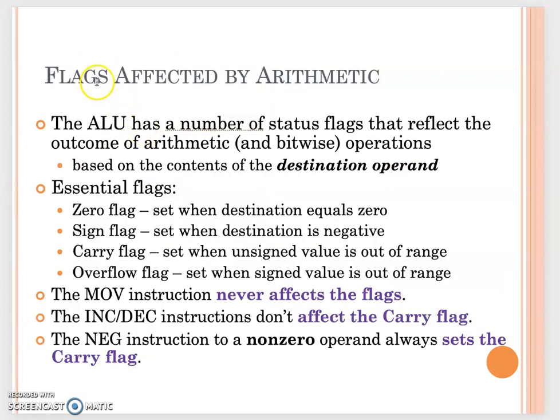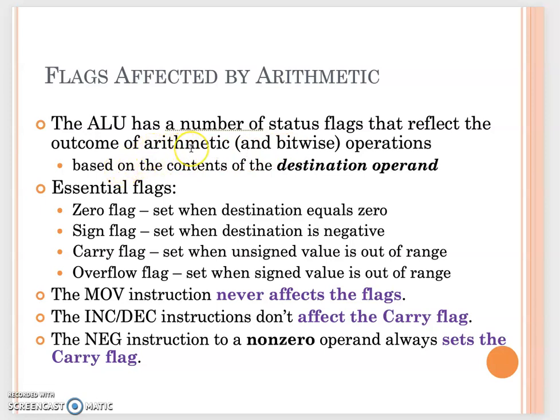The flags affected by the arithmetic instruction: in the arithmetic logic unit, you have a number of status flags that reflect the outcome of the arithmetic or bitwise operation, based on the result.